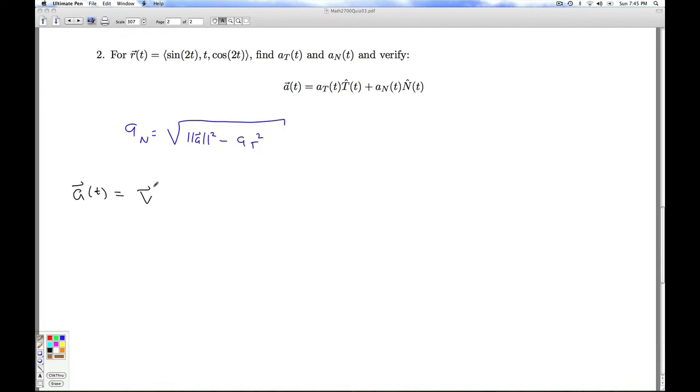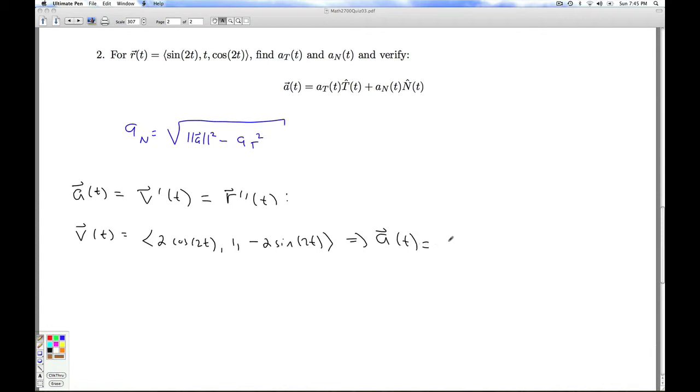The acceleration is the derivative of the velocity, and that's the second derivative in turn of the position function. So remember what our velocity was. It was 2 cosine 2t, comma 1, comma negative 2 sine of 2t. That's going to give us our acceleration a of t is negative 4 sine of 2t, 0, negative 4 cosine 2t.